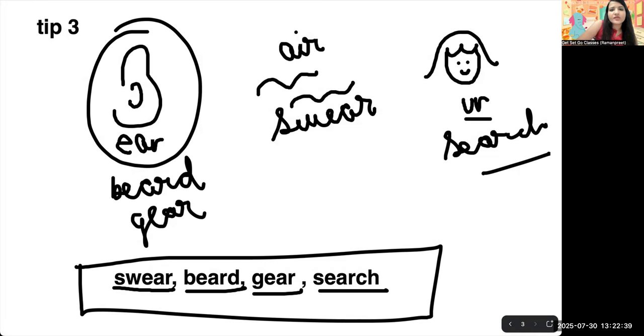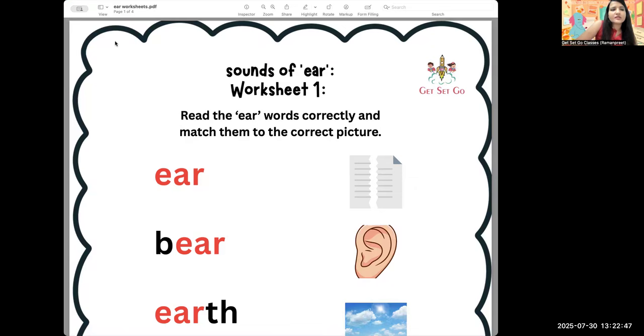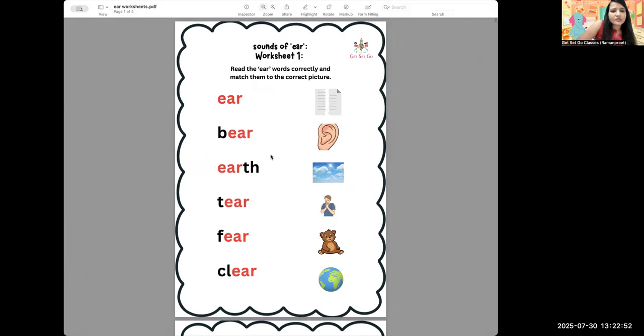EAR worksheets PDFs. I've created some beautiful PDFs for all of you. So this is worksheet number 1, where after the introduction of the sounds, the sound is also highlighted, and you will tell children to read and match. So ear, bear, earth, tear.